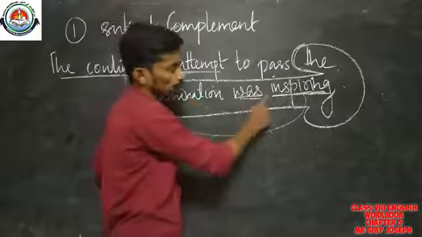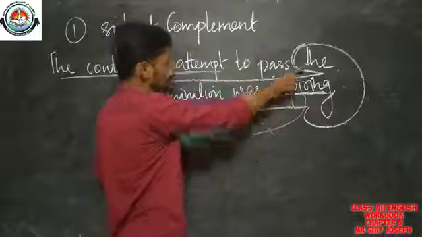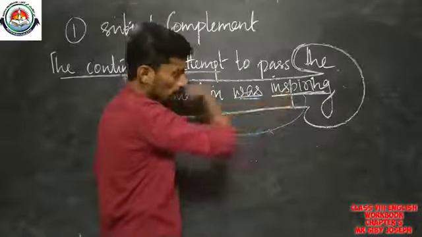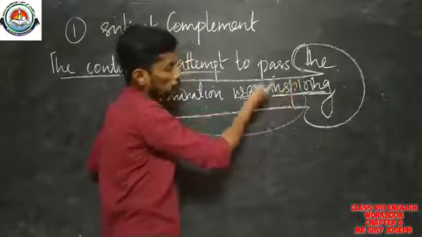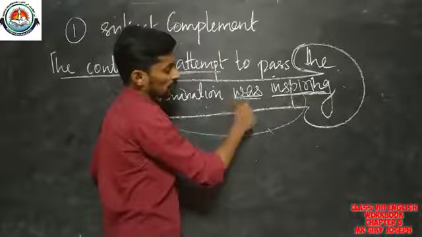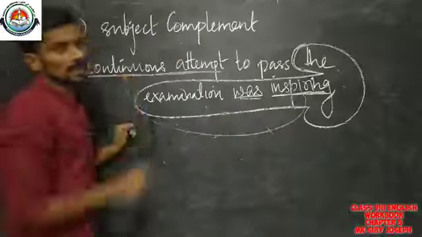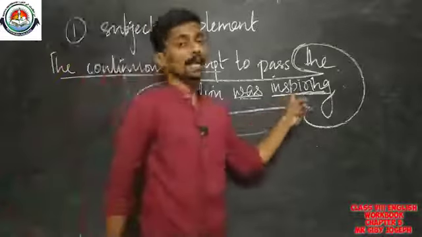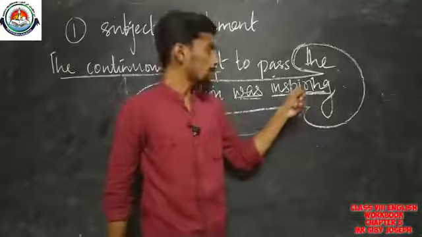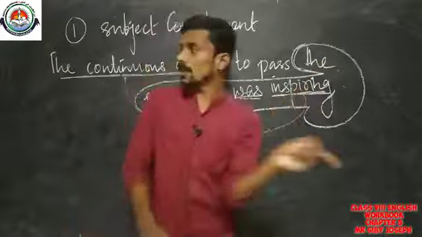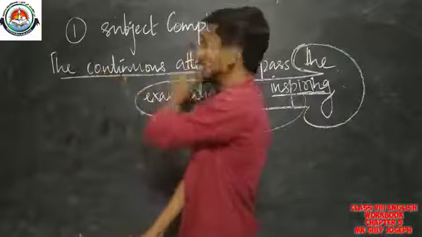The examination was inspiring is a clause because it has a subject and a verb. Inspiring is a part of this clause following the verb. It appears after the verb was, and it gives additional information about the subject. So, we can say that it is a complement because it is a part of a clause after the verb which gives additional information about the subject.